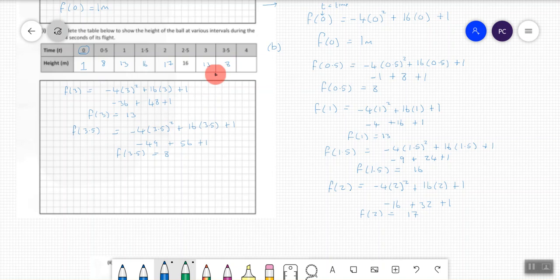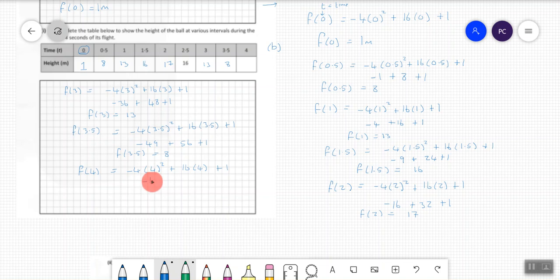And then the last one then, function 4. So function 4 is going to be equal to minus 4 times 4 squared plus 16 times 4 plus 1. So 4 fours is 16. So 4 multiplied by 16 then is 64.